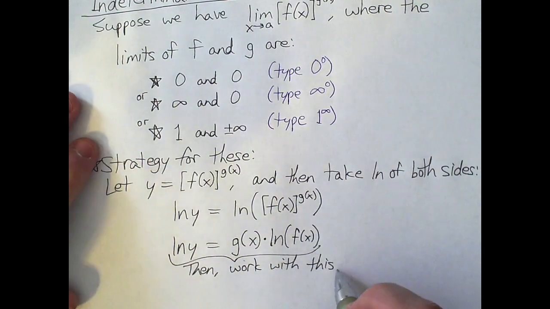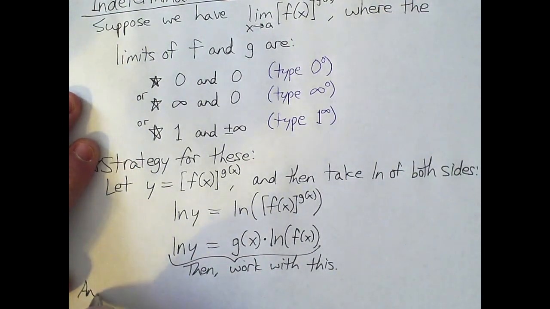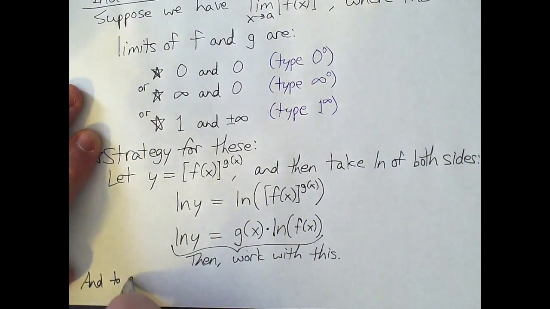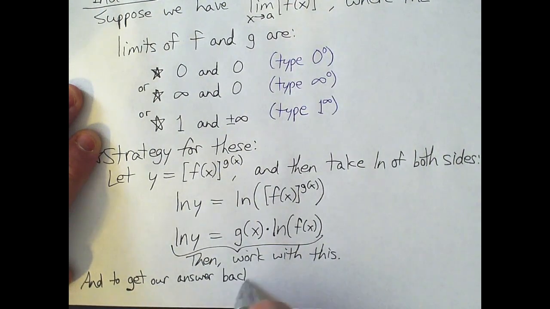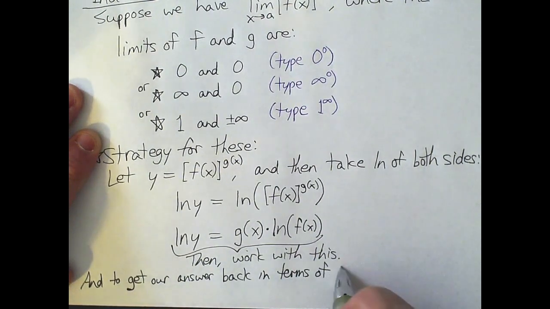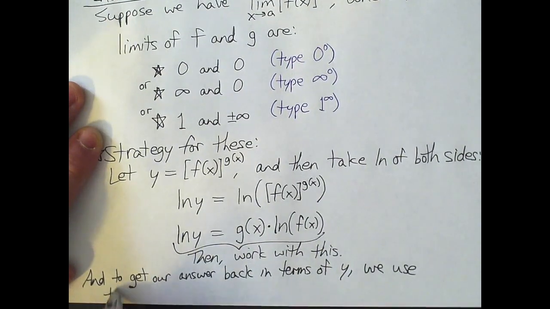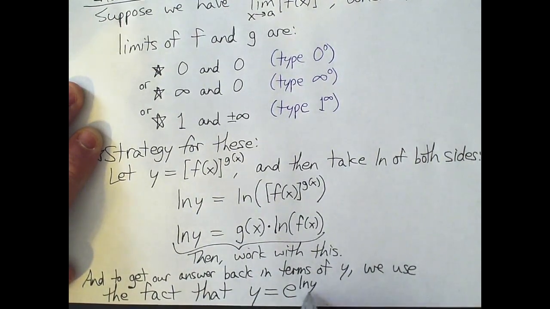So, I guess I should say, to get, we basically get an answer for ln y, and then to get our answer back in terms of y, we use the fact that y equals e to the ln y.